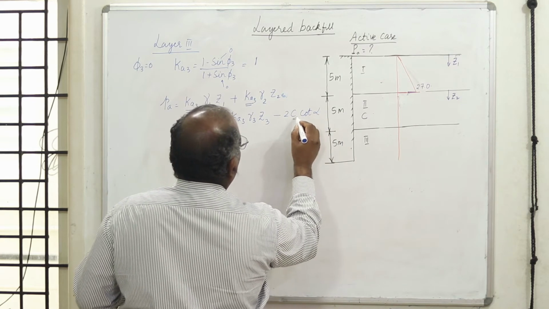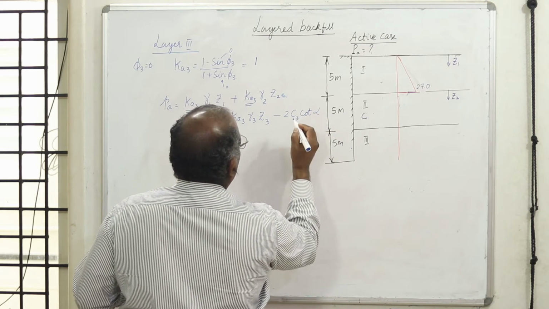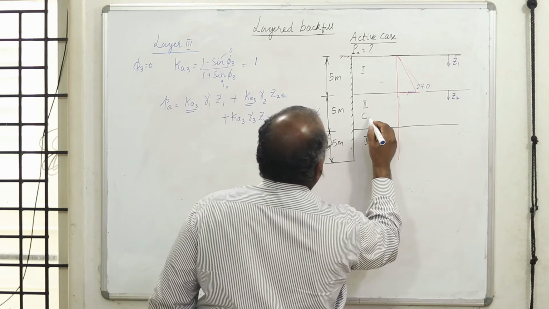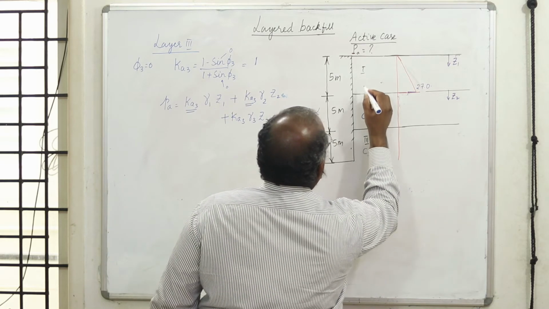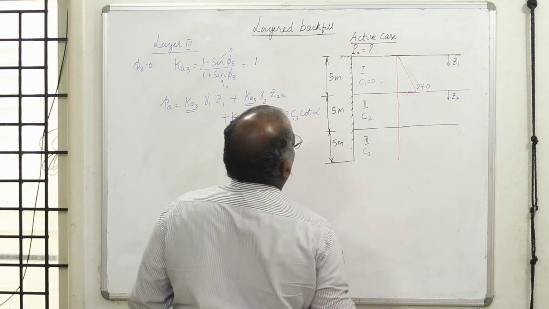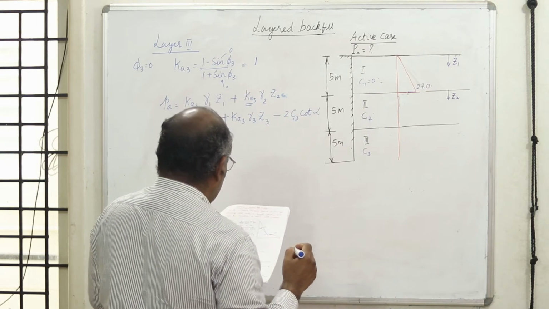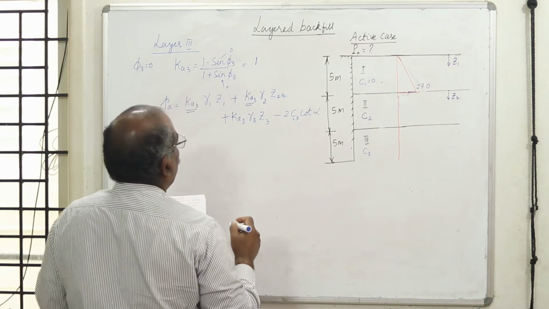Now we'll have to use the value, we can call this C3, because this we call C2, this is C3, and C1 is 0 here because we don't have cohesion. The third layer cohesion is there.